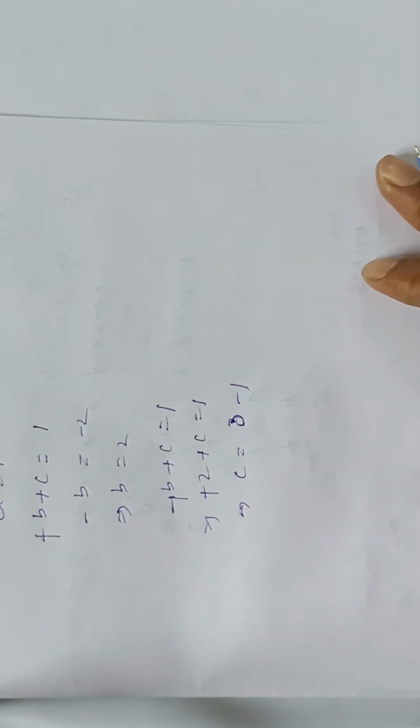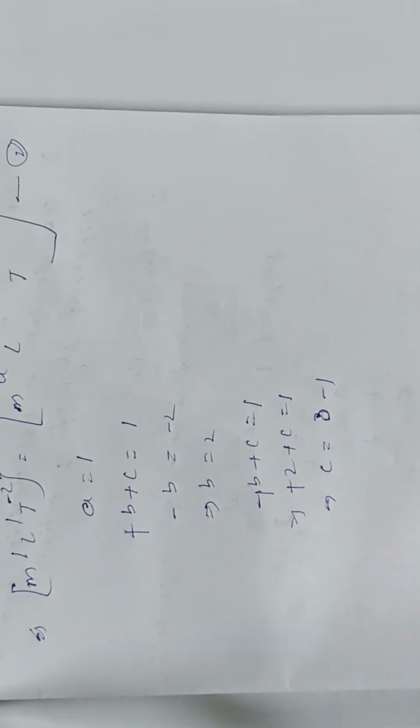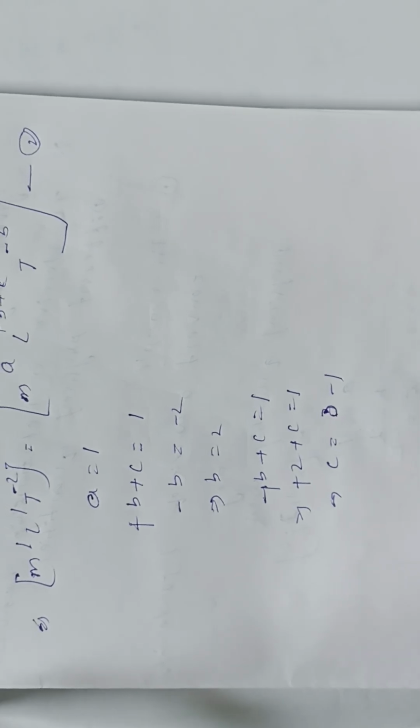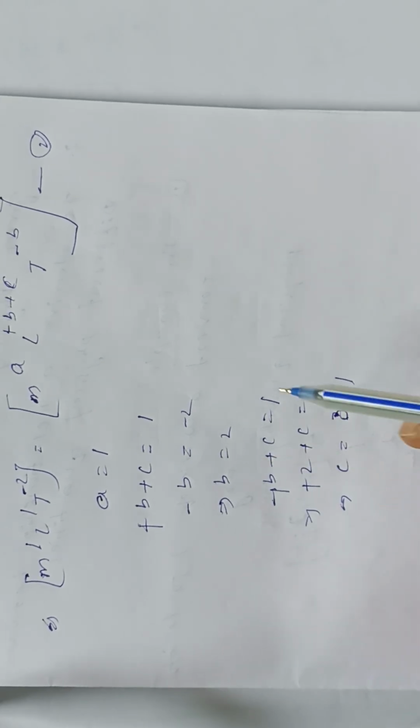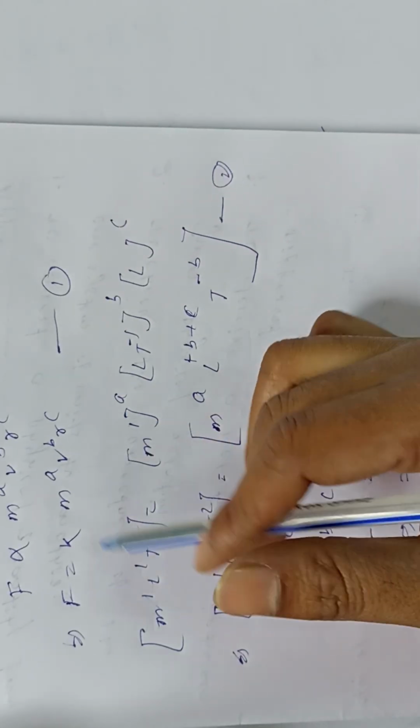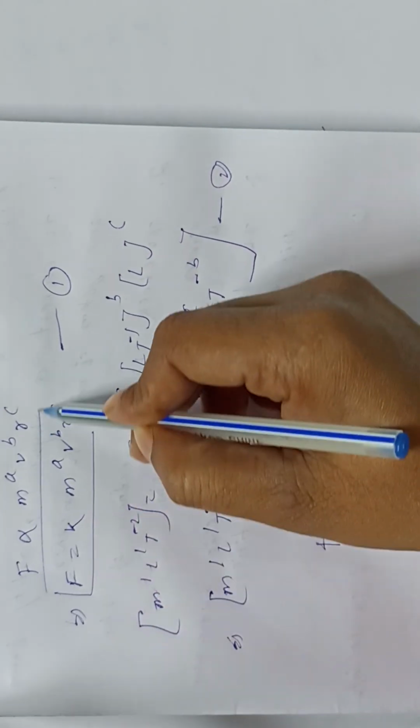Now using the a, b, c values in equation 1, F equals k m^1 v^2 r^-1.